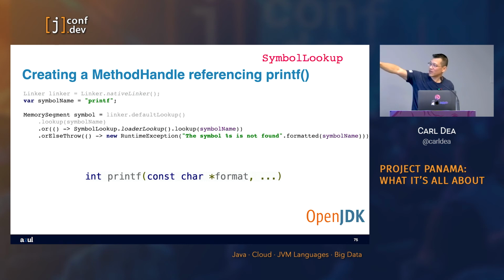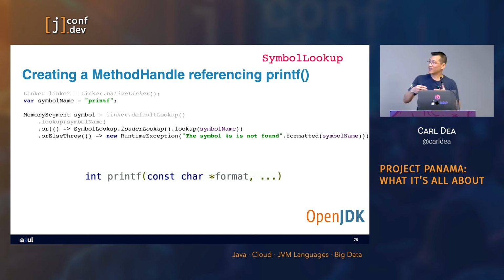That lookup area in the loader lookup is, as in the very beginning in JNI, even in Project Panama, the System.loadLibrary or System.load function that loads that native DLL or that SO file or that Mac OS library.